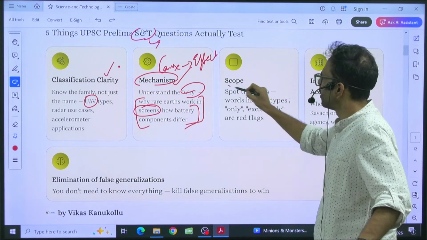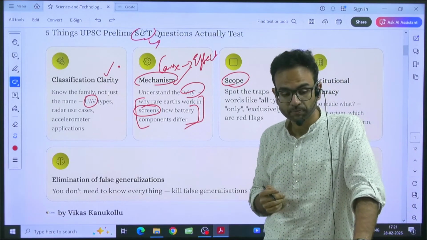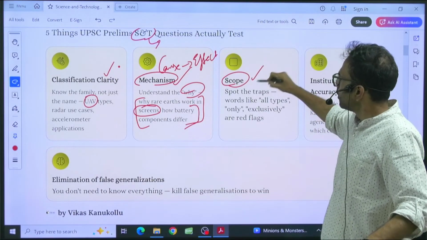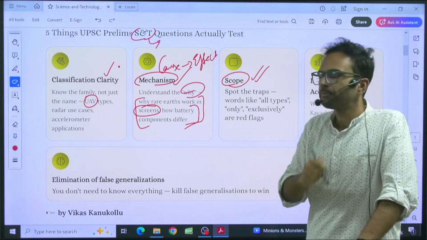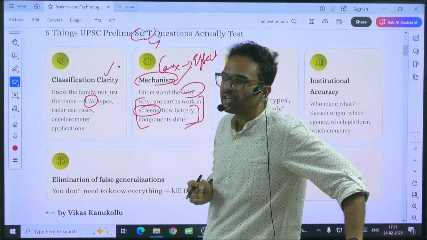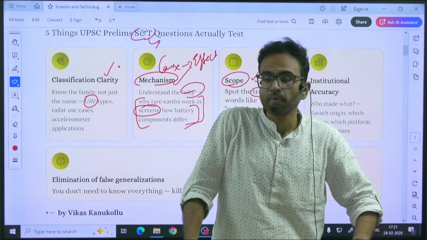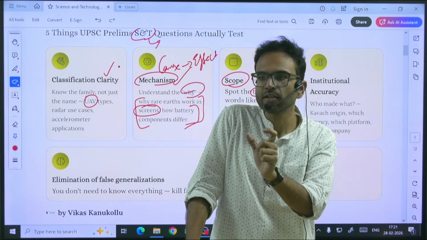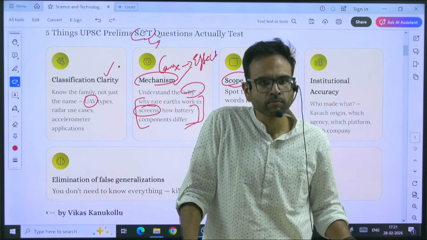Next, the third level of question is about the scope. When you're talking about the scope, you will see some absolutist statements, extremely worded statements, or some traps. Let's say today, if I tell you that artificial intelligence can, and I use the word can, find a cancer cure, it is only showing a probability.